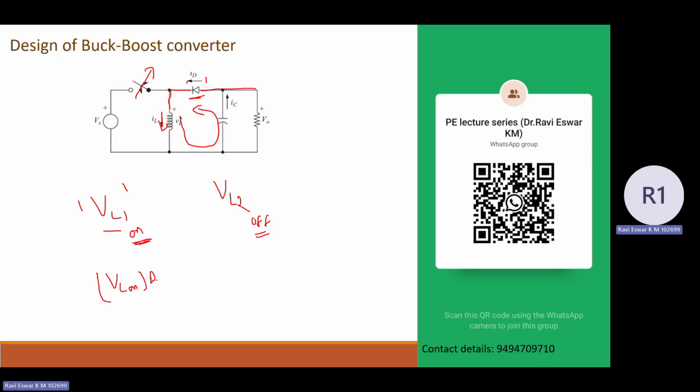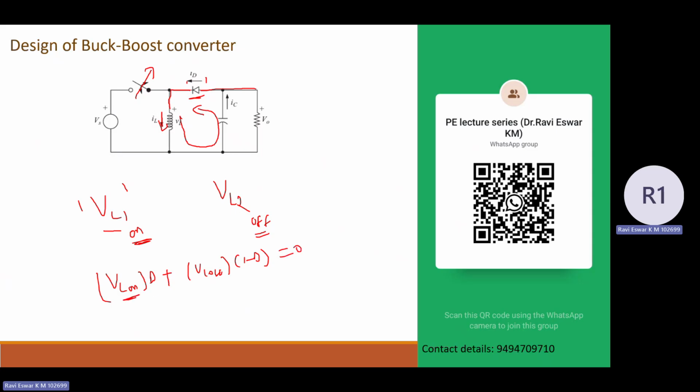The T I can cancel, because the denominator T cancels the numerator T, so I am not going to mention the T here. So VL on into D plus VL off into 1 minus D equal to 0.